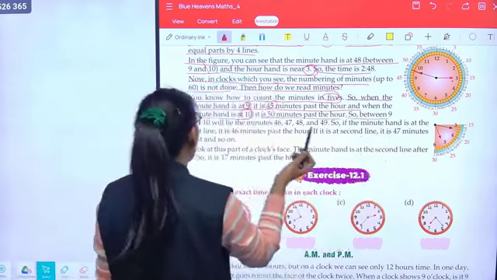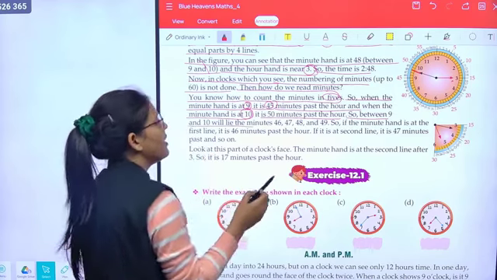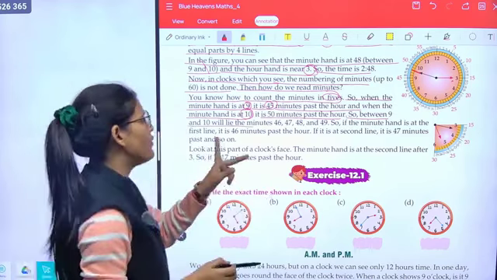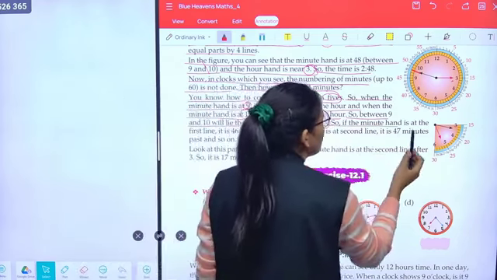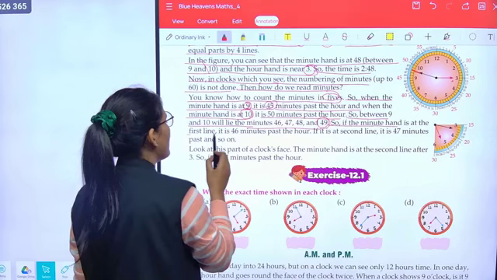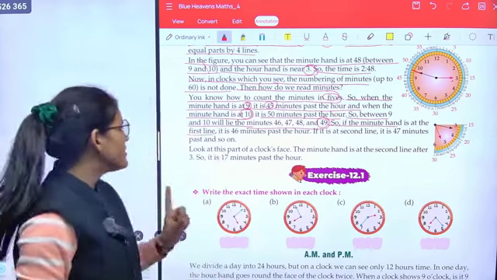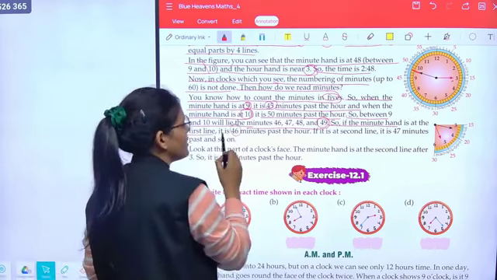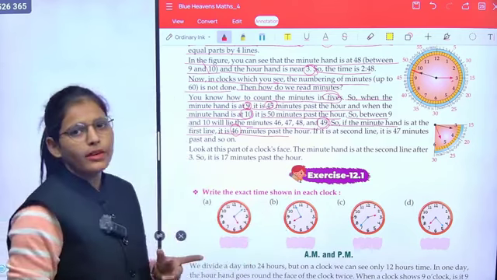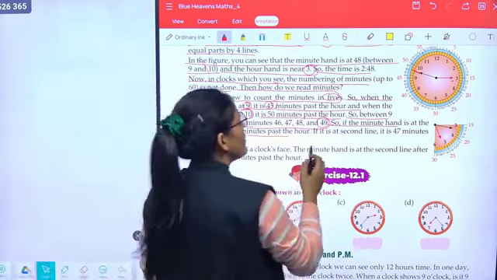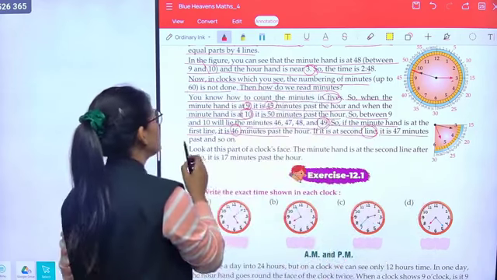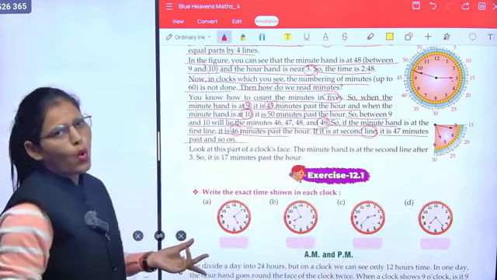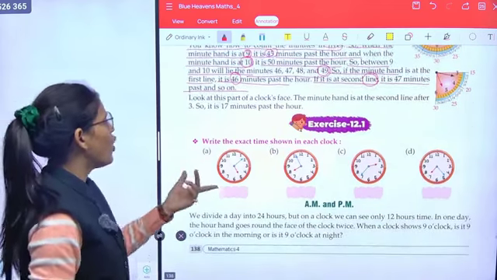Between 9 and 10 lie the minutes 46, 47, 48 and 49. If the minute hand is at the first line, it is 46 minutes past the hour. If it is at the second line, it is 47 minutes past, and so on.